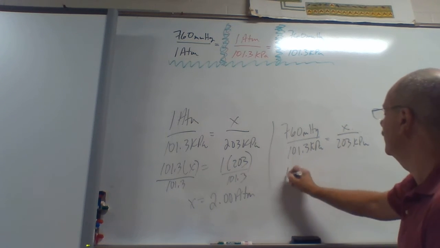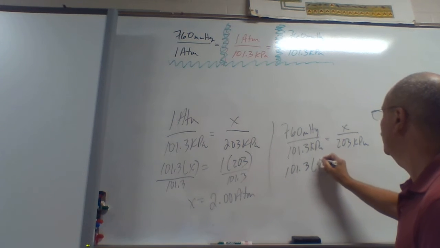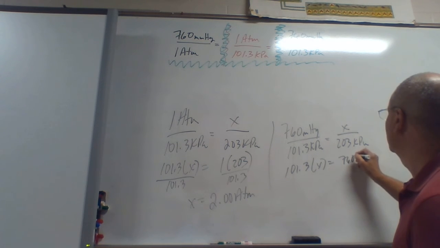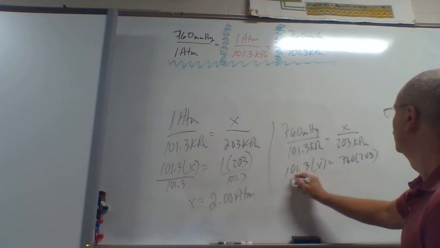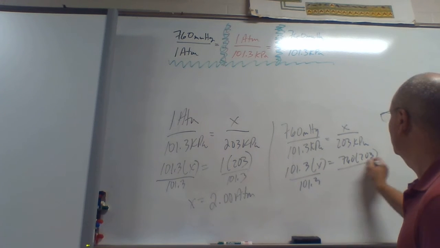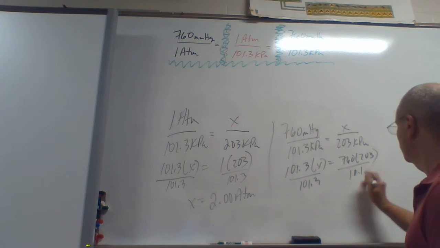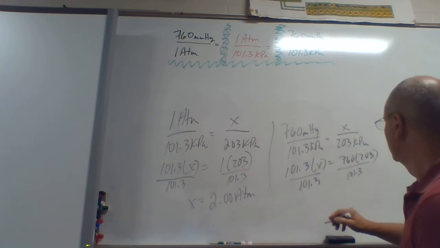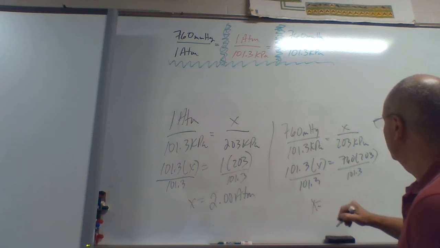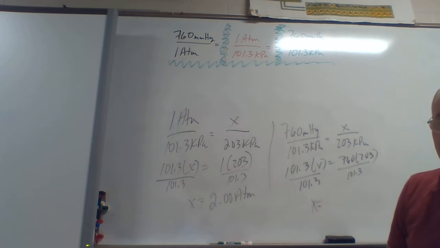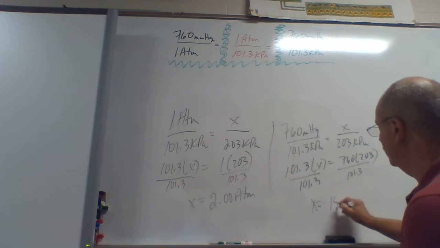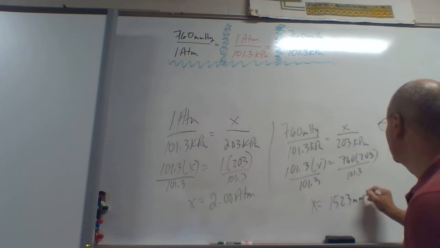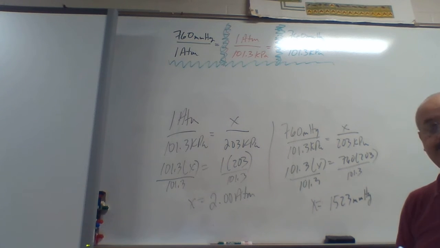So cross multiply, you get 101.3 times X equals 760 times 203. Divide by 101.3 on both sides. That gives us X equals, and the answer on that one is 1,523 millimeters of mercury.